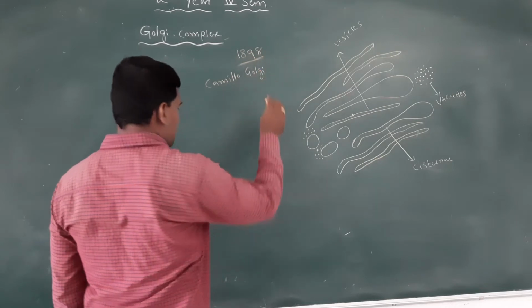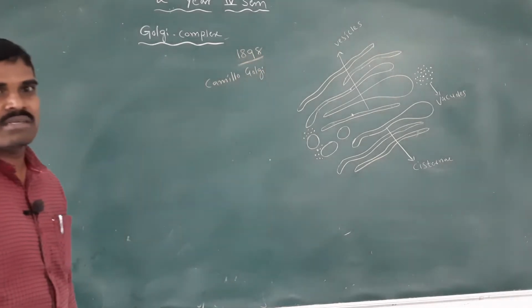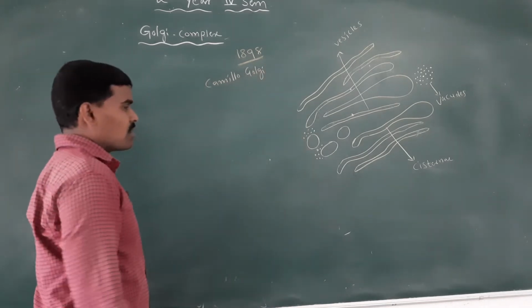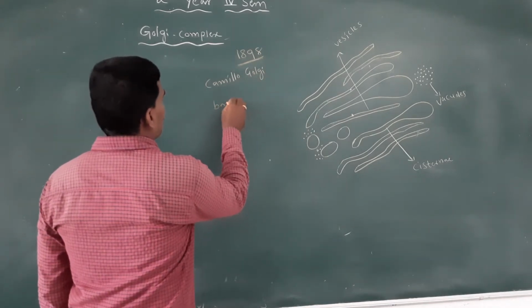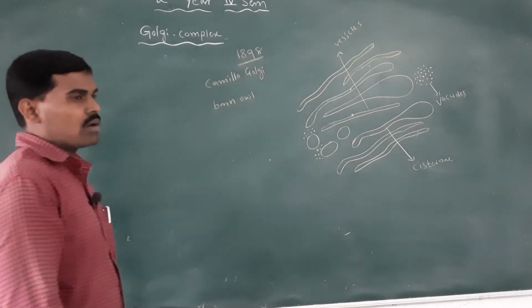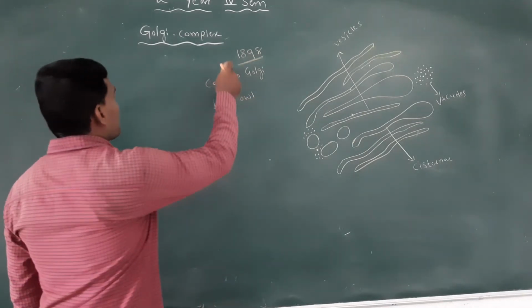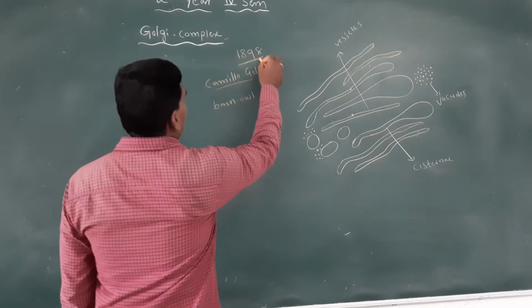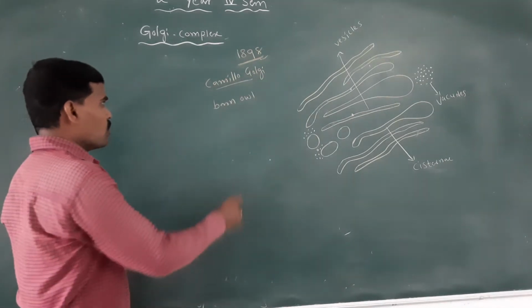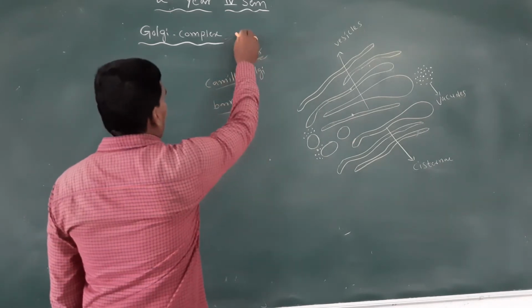He first discovered it in the nerve cells of barn owls, the Golgi complex.